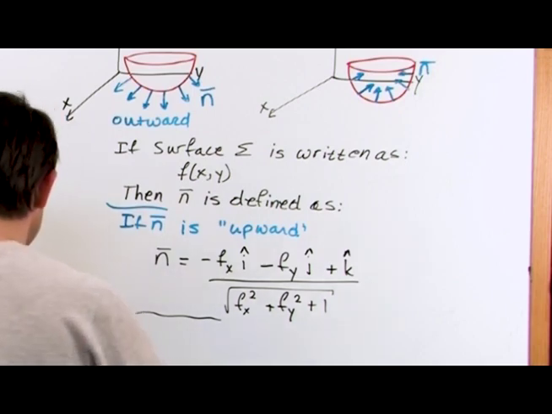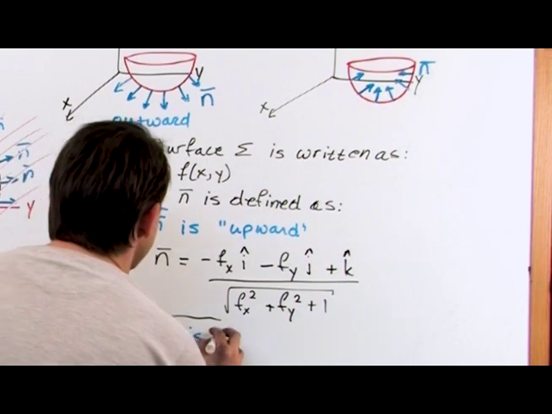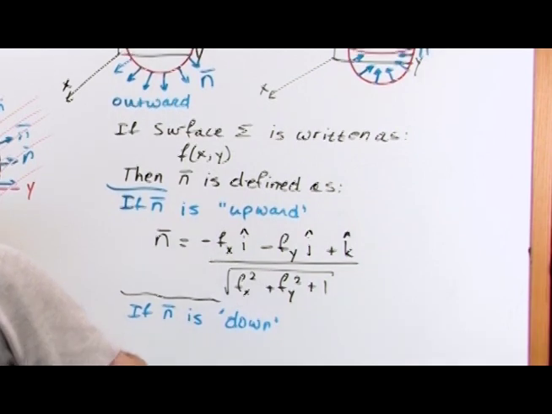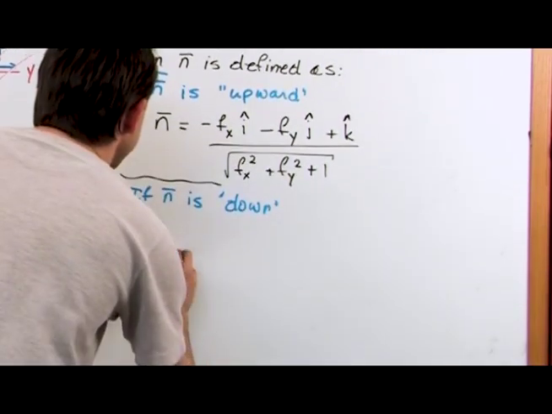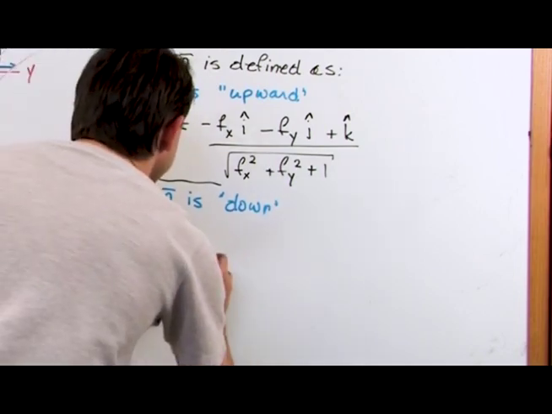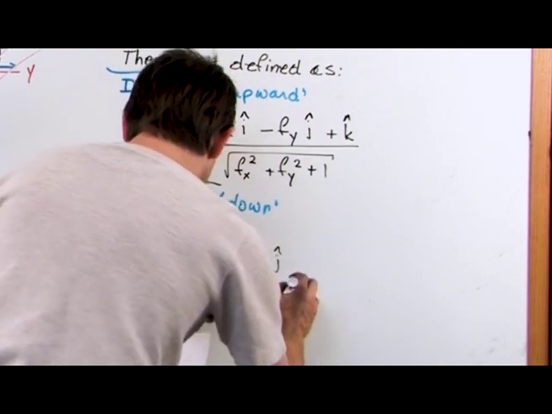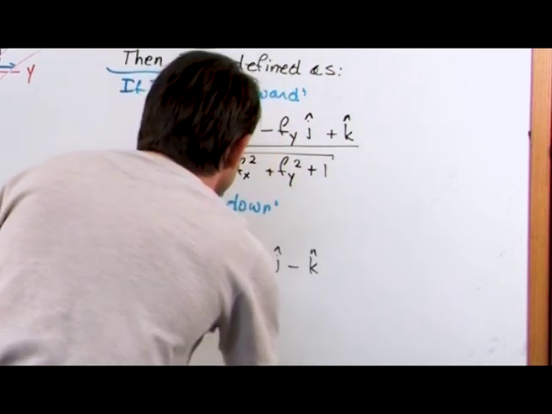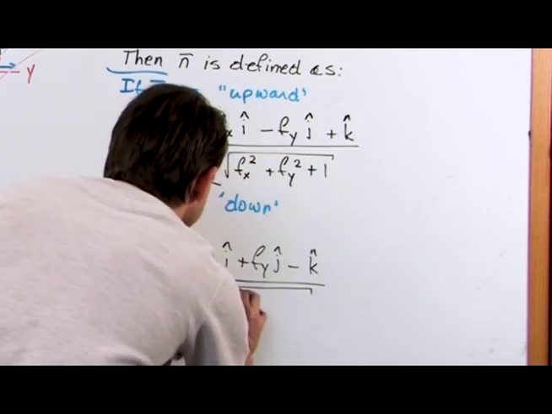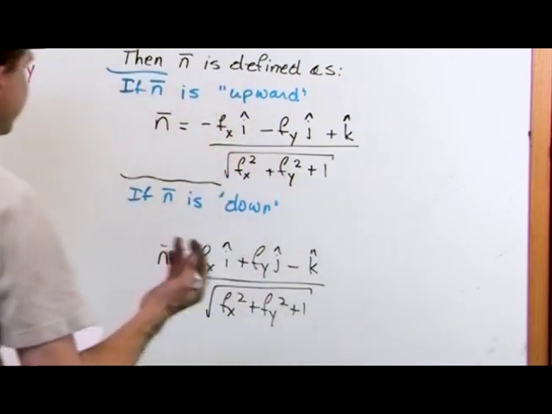Okay, so then if you want to use the alternative, if n is down, which would be more like this one, then the normal vector is defined a little bit differently, and it's going to be defined as f sub x in the i direction plus f sub y in the j direction minus the k direction, all over the square root of f sub x squared plus f sub y squared plus 1. So you can see they look very similar.